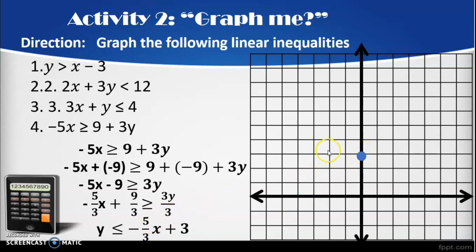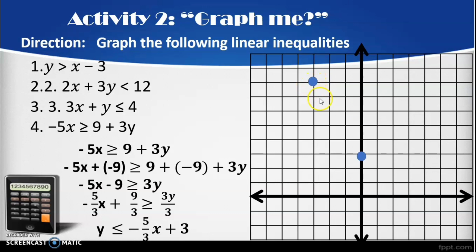So 5 going up dahil 5 ang ating rise. 1, 2, 3, 4, 5. Then, since negative ang ating slope, we will count our run to the left, 3 units to the left. 1, 2, 3.